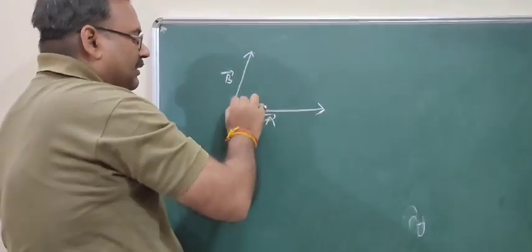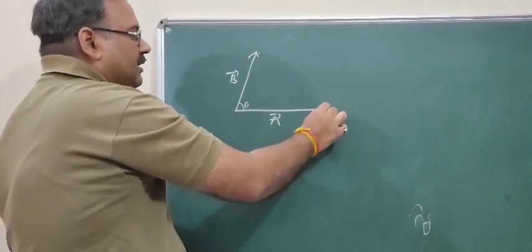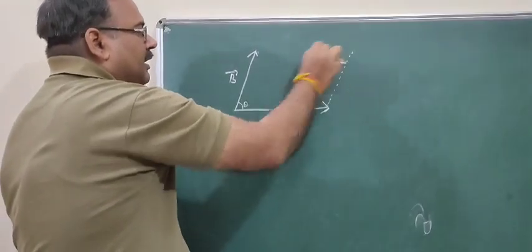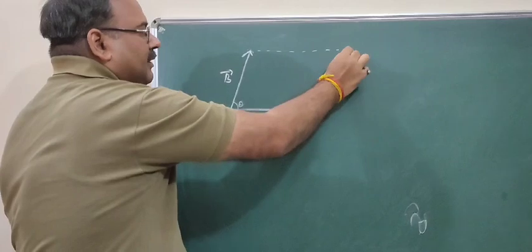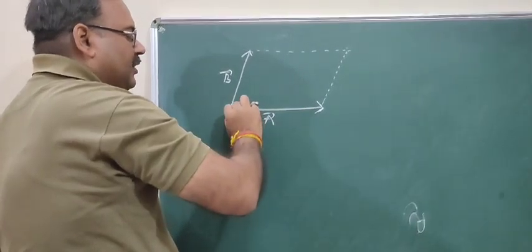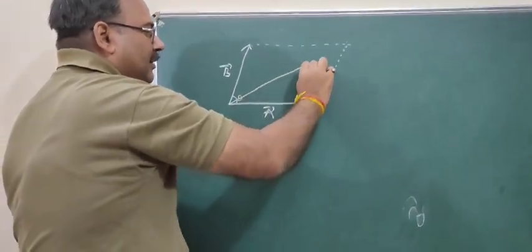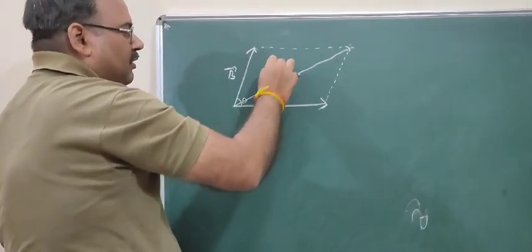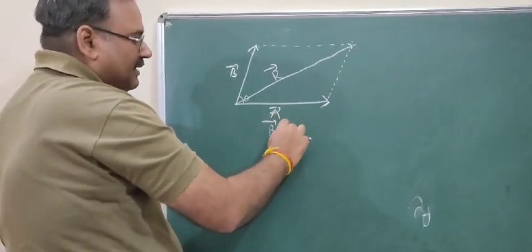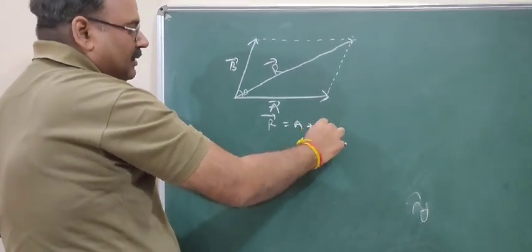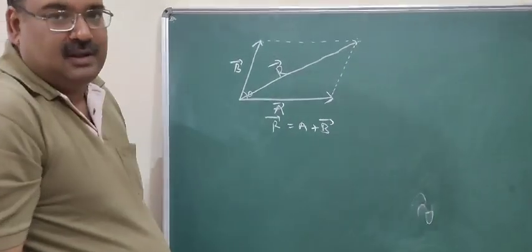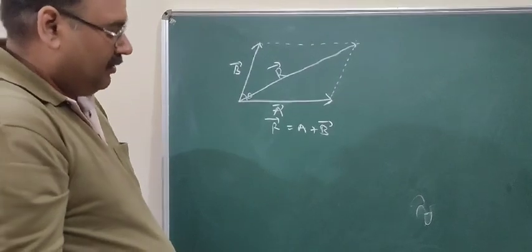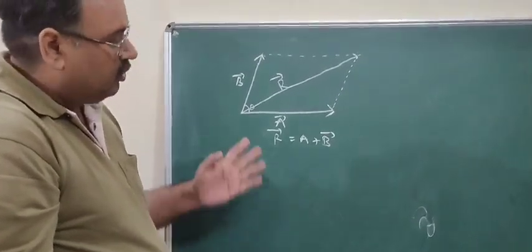We draw a line, whatever this angle is, we draw this angle and complete this, and then we join the diagonal. Okay, this is the diagonal R. Now the diagonal represents a plus b. This is known as law of parallelogram.